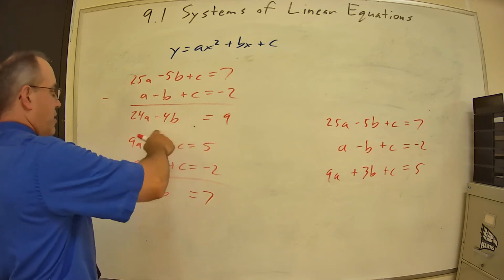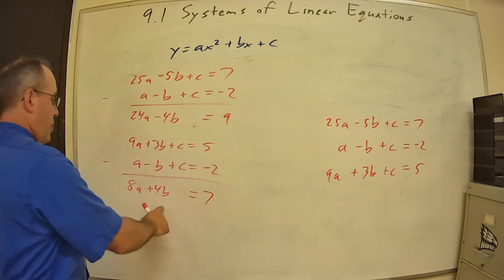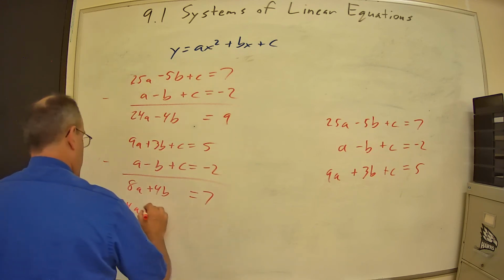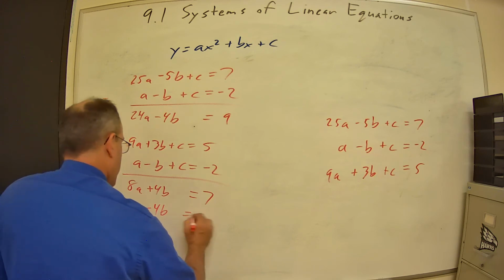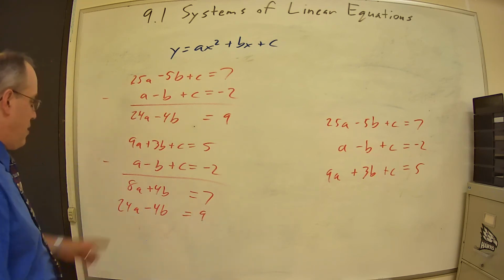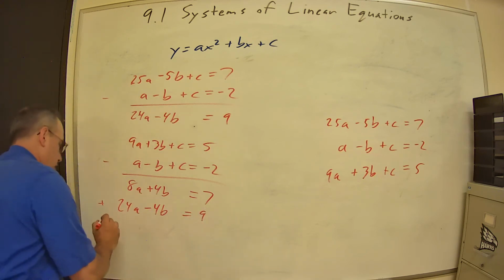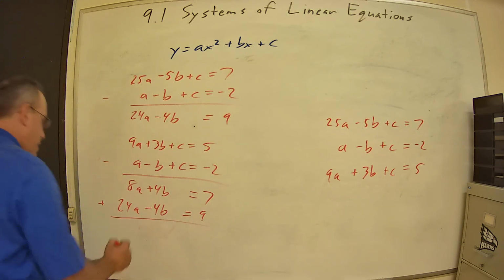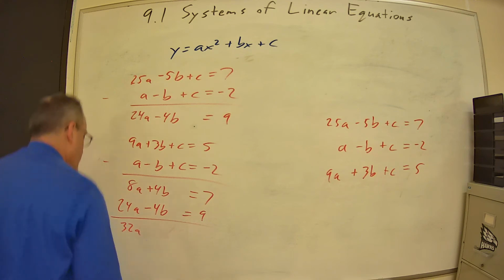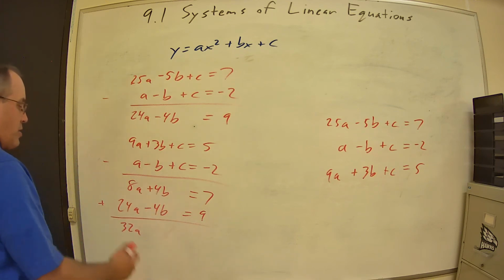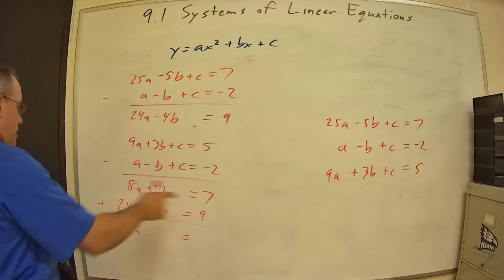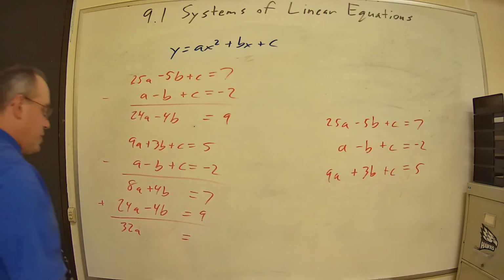Well, I see that I've got negative 4B and positive 4B, so I'm just going to put those right next to each other. 24A minus 4B is equal to 9. So I can just add those two equations together. 8A plus 24A gives us 32A. 4B plus negative 4B gives me 0B. 7 plus 9 gives me 16.